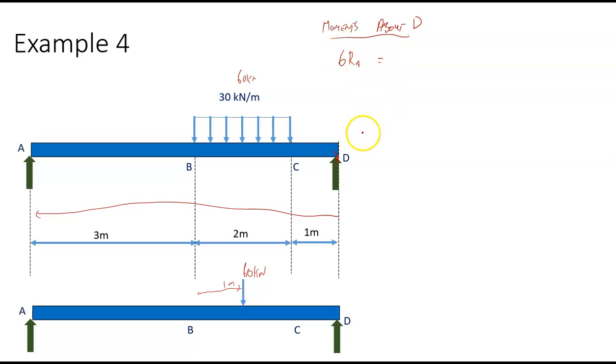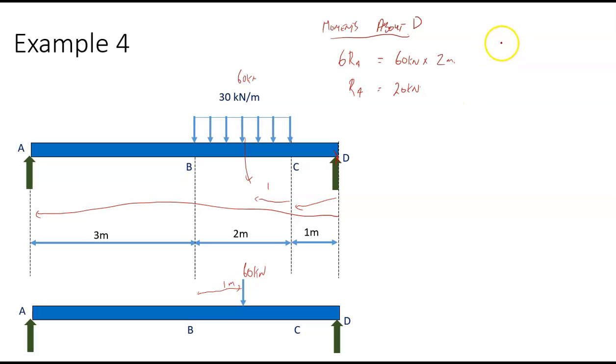That's equal to the anti-clockwise moment, which is 60 kilonewtons multiplied by, what's that distance? That's 1 meter and 1 meter, so it's 2. So RA is equal to 120 divided by 6, which is 20 kilonewtons.